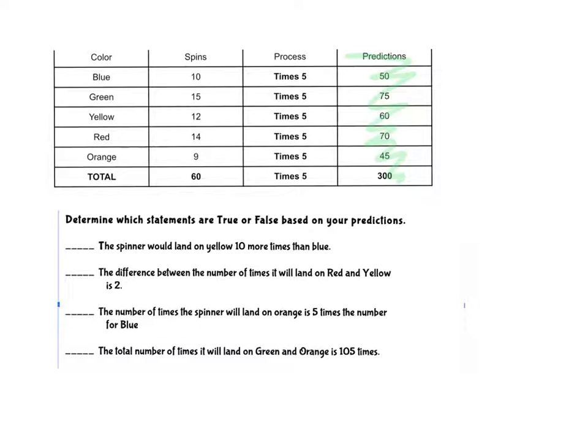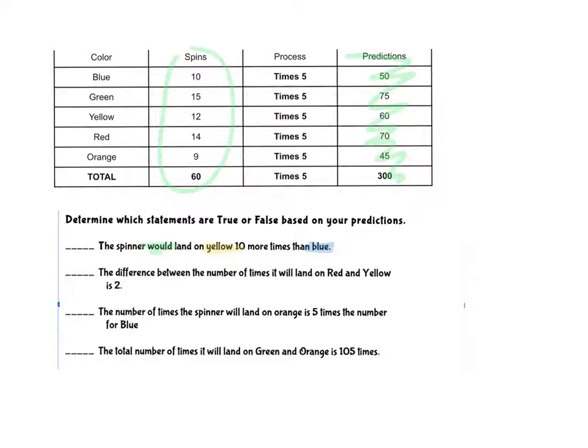Okay, we're kind of done with this one. So let's look at these statements. The spinner would land on yellow 10 more times than blue. This word tells me that I'm looking at the predictions, at what would happen. So it says I would land on yellow 10 more times than blue.